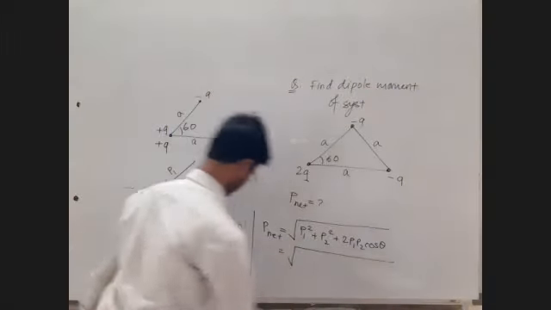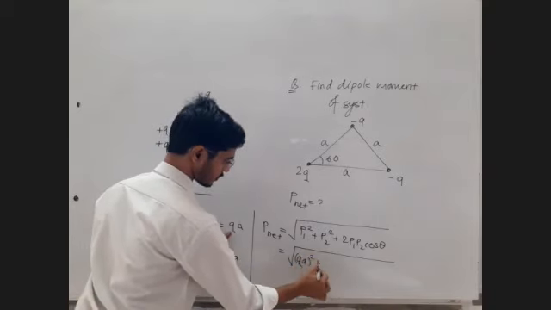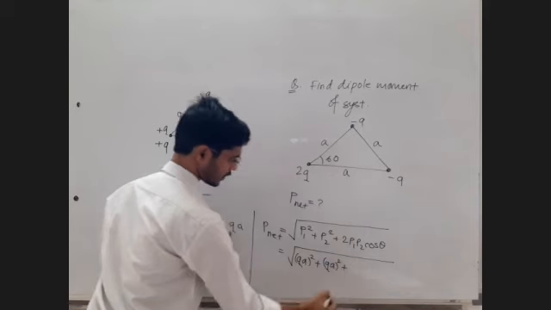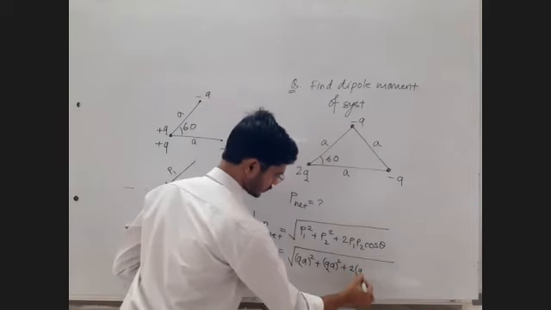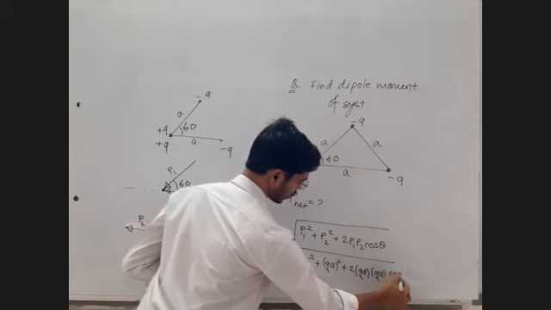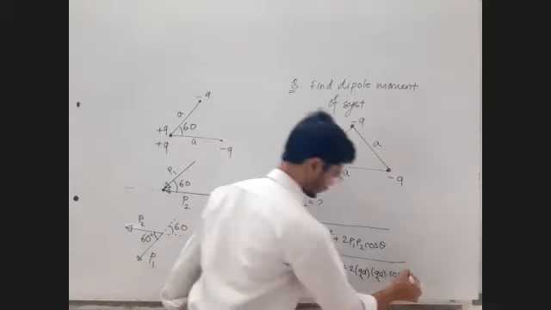Under the root, P1 is q into a, bracket square, plus P2 is also q into a, bracket square, plus 2 into P1, which is q into a, into P2, which is q into a, into cos of the angle between P1 and P2, 60.